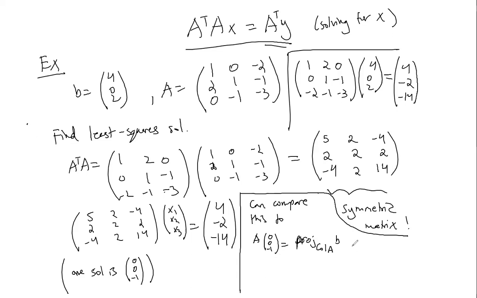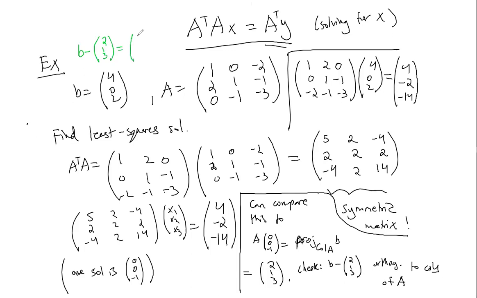In fact, a good way to check this is A times 0, 0, negative 1 is 2, 1, 3. And if this equals the orthogonal projection, then we can check that b minus 2, 1, 3 is orthogonal to the columns of A. So b minus 2, 1, 3 equals 2, negative 1, negative 1.